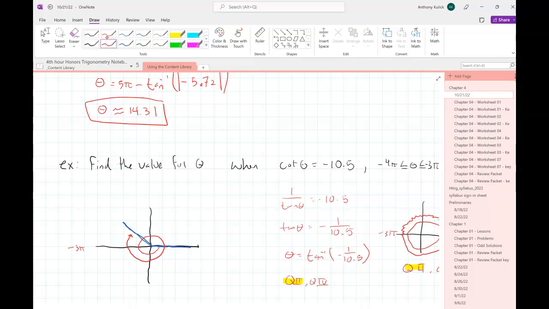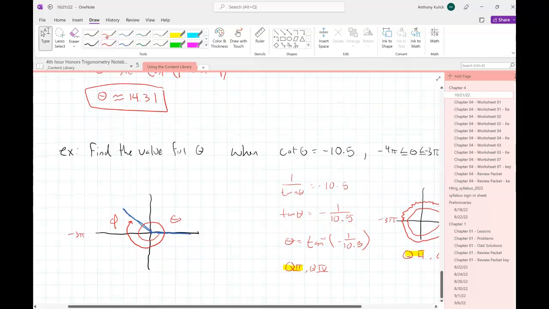Are we okay so far? So if I look at this, my theta is more negative than negative 3 pi, correct? Everybody agree with that?